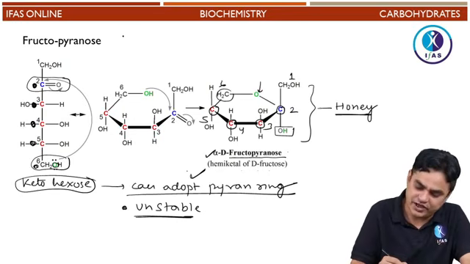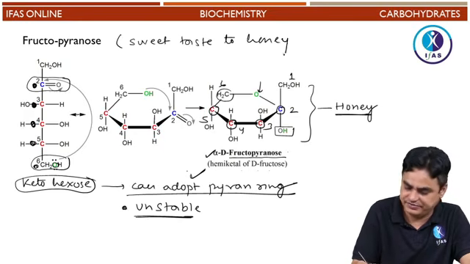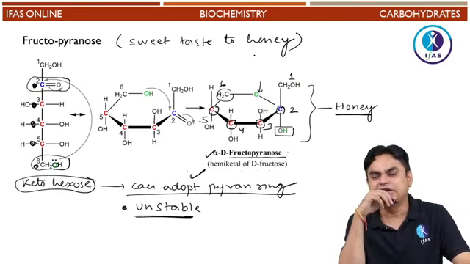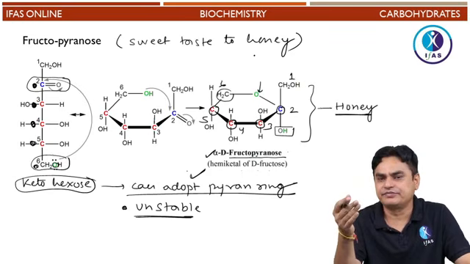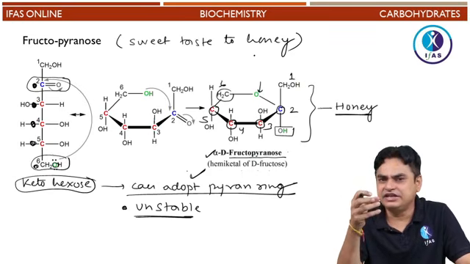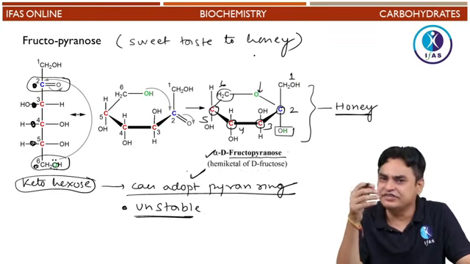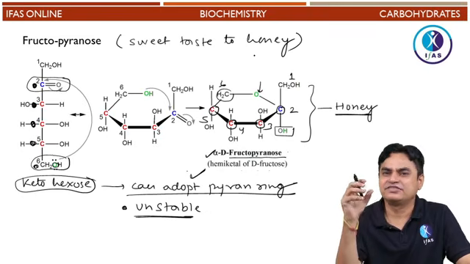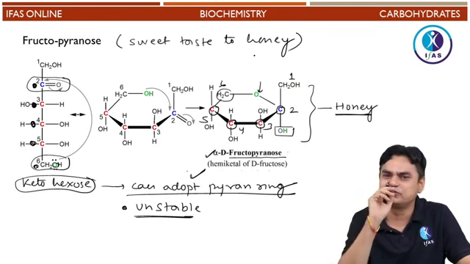So fructopyranose, this provides a sweet taste to honey. But we know that with time, the honey loses its taste. Or if you heat the honey, the taste of honey gets altered. Why so?